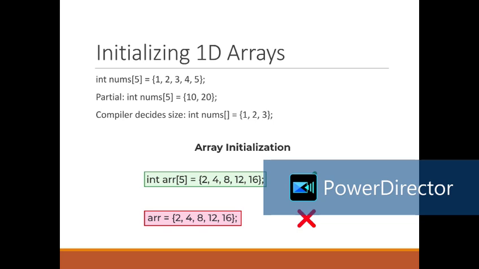Initialization is important because accessing uninitialized array elements can lead to unexpected behavior. Proper initialization not only prevents bugs but also ensures that your program runs predictably. In the next slide, we will learn how to access individual elements of an array using their indices.